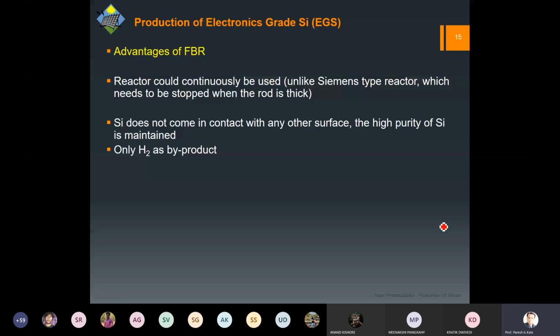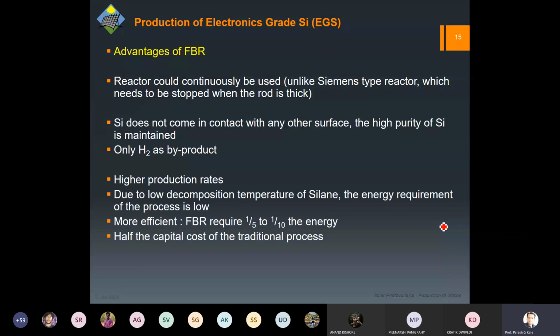And here HCl, or any other gas, is not an impurity. SiH4 is passed and broken down, silicon is deposited, and what remains is just hydrogen, which is obviously not a toxic gas. So this is better.